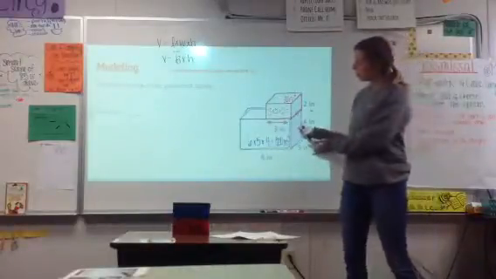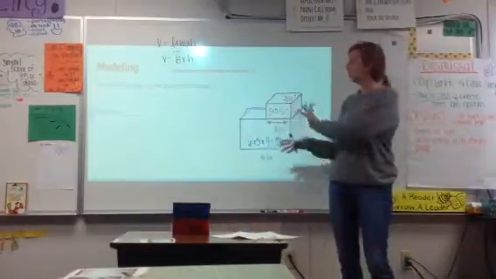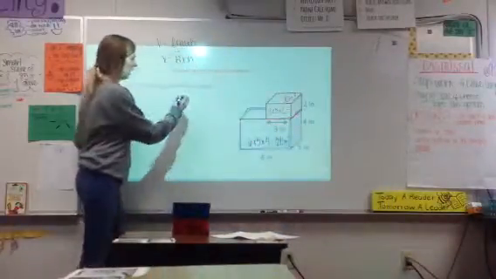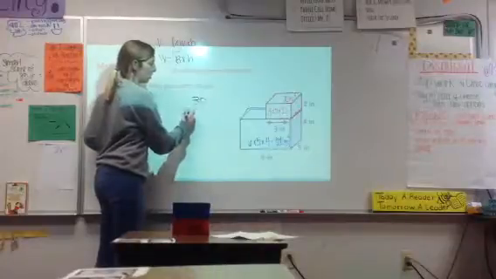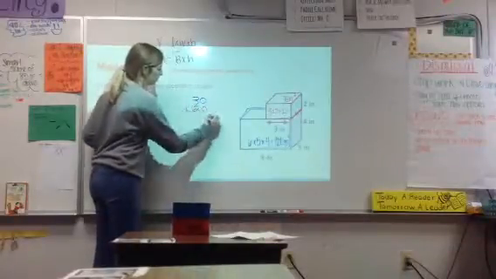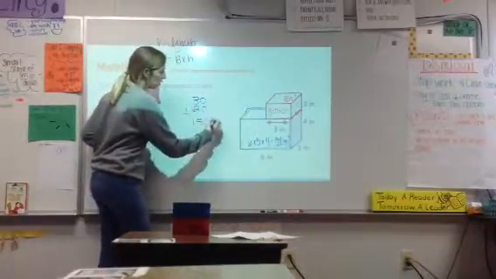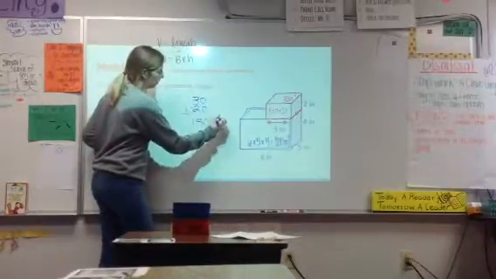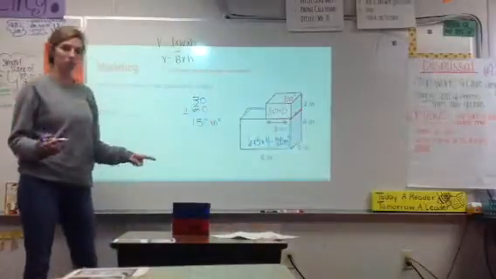So once I have the blue shape down and the red shape, to find the volume of this complete shape, I'm going to add both of these volumes together. So it's 30 inches plus 120. That gives me a total of 150 inches cubed. Okay?